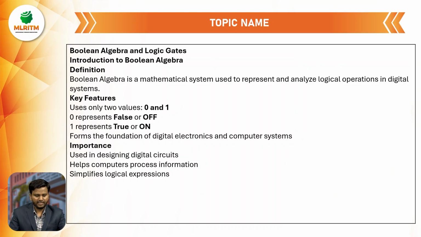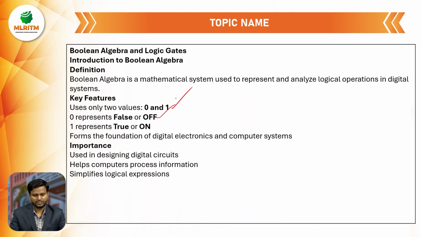The key feature is that it uses two values only, zeros and ones. Any architecture, any logic diagram, the code, the truth table will use zeros and ones only, not twos or threes. Only zeros and ones code, which is called binary data.